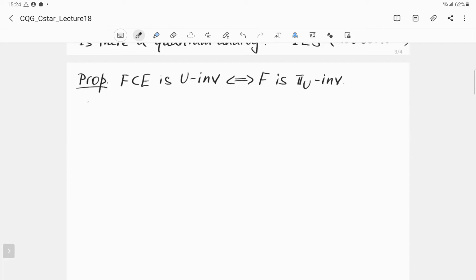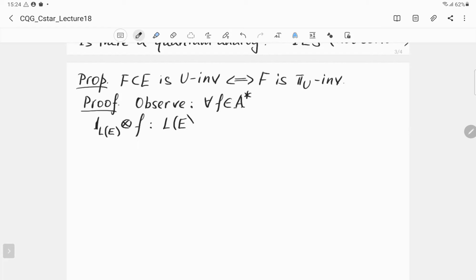Well, the proof is more or less a straightforward computation. So before we do this computation, let's observe the following. If you take an arbitrary continuous linear functional f on A and look at the map which appears in the definition of pi U, this map acts from L of E tensor A to L of E. So this map is an L of E bimodule morphism.